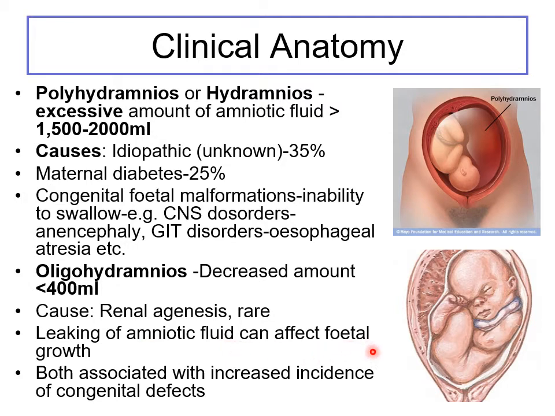This can affect fetal growth because if there is less, you can see how the fetus has no place to move. Its skin will be touching or get stuck to the membranes, and can cause limb defects or other congenital defects. So both are associated with increased incidence of congenital defects.